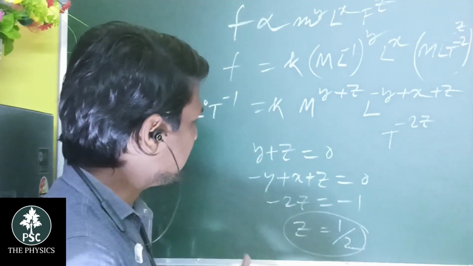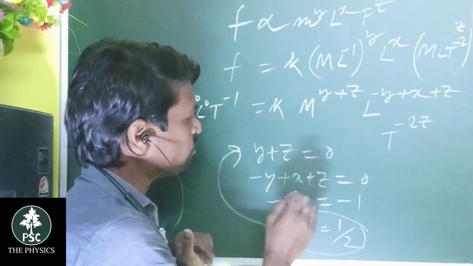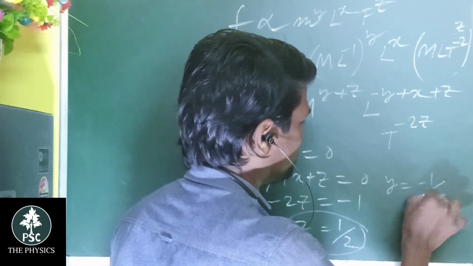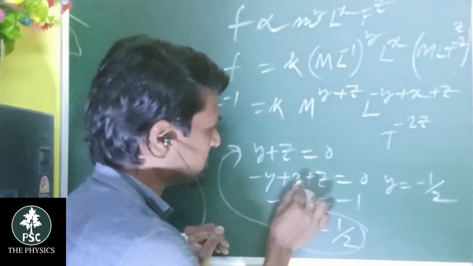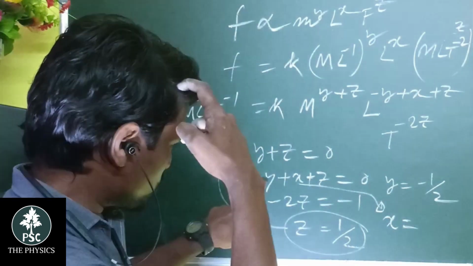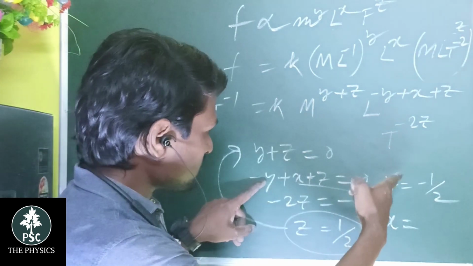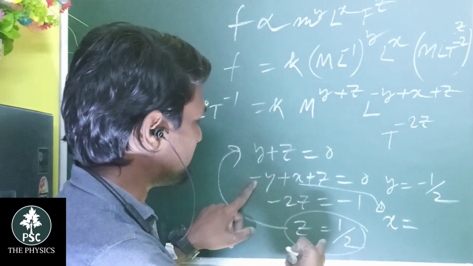If z is half, then y equal to minus half.